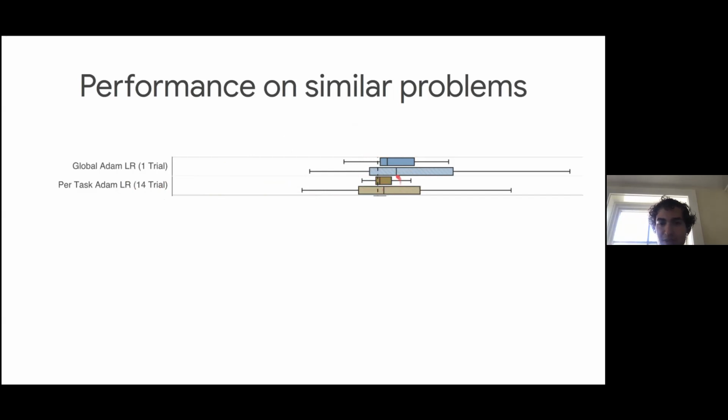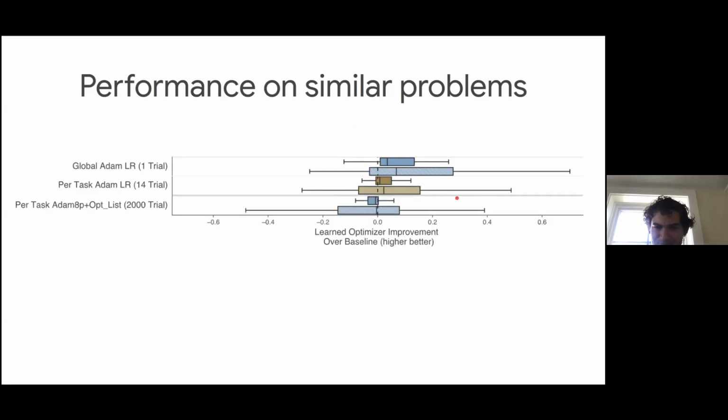But our learned optimizer is still doing better on over half the problems. And this trend continues with more extreme tuning strategies. So this last column is 2,000 trials, 2,000 hyperparameter combinations. And we see that even after doing this extensive tuning for our baselines, there are still problems our learned optimizer performs better on.